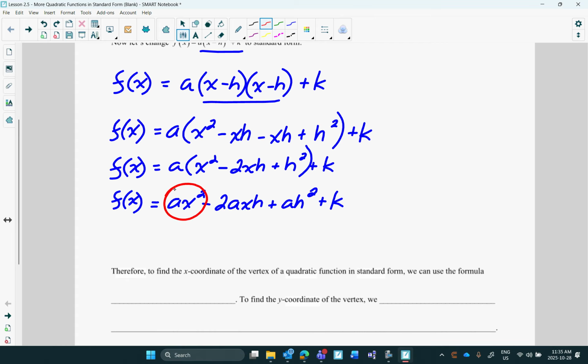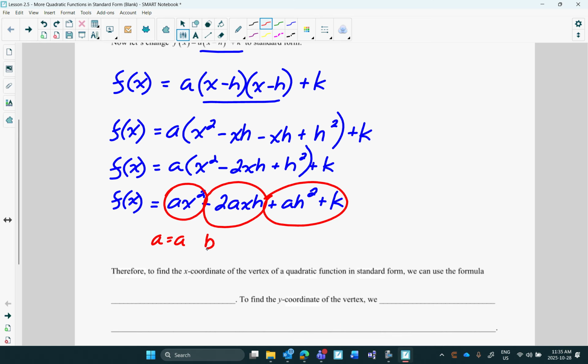There's the x squared portion. There's the middle term. And there's the last term, c. So here, the value of a, well, it's just a.